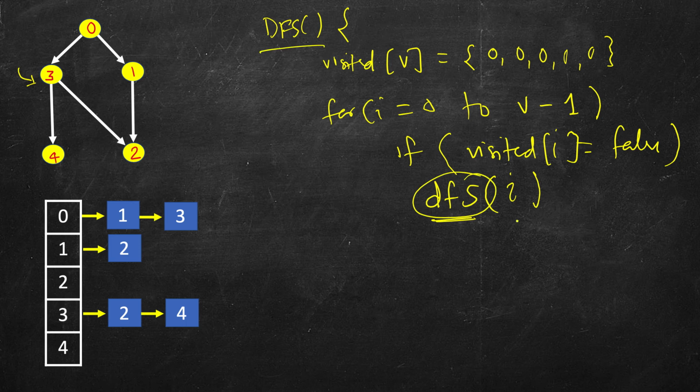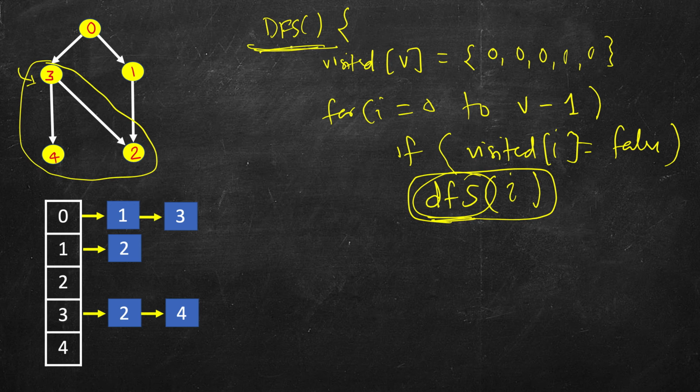This is capital DFS. So it takes one node from where to start DFS. For example, if you start from here, you will reach these nodes. And this is the main function that will make sure that all the nodes are visited. So it will trigger multiple calls of this DFS.